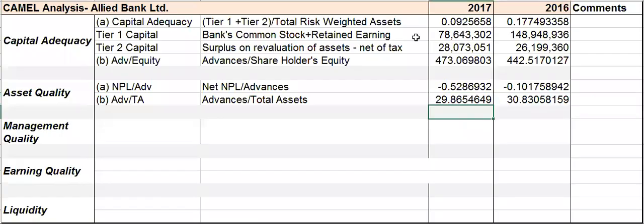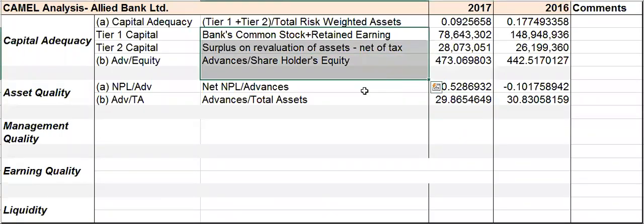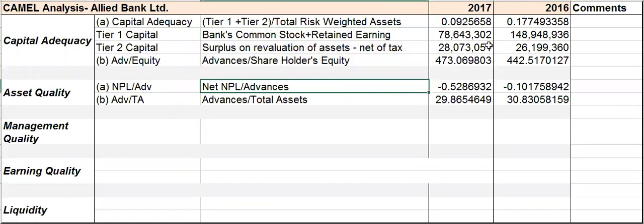That's how we can calculate the advances over total assets ratio for 2017. This ratio represents how much of total assets are advances. So this 30% shows that advances are 30% of the total assets. If a bank has a higher percentage of advances, it is doing well.